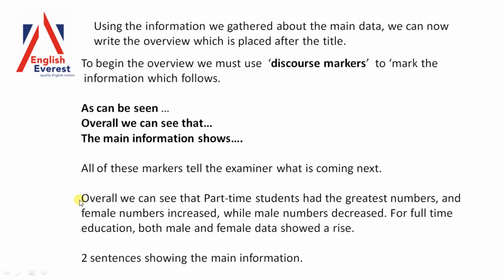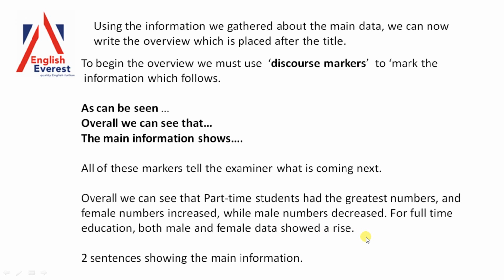So here's our example. Overall, we can see that part-time students had the greatest numbers and female numbers increased while male numbers decreased. For full-time education, both male and female data showed a rise.